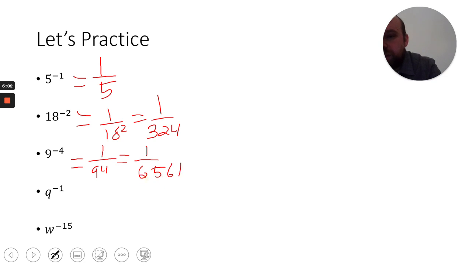Q to the negative 1 will be 1 over Q. And W to the negative 15 will be 1 over W to the 15th power.